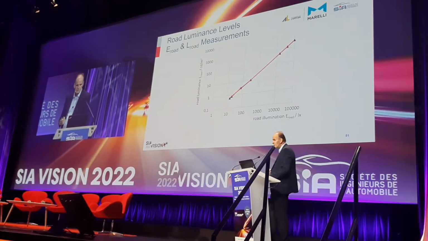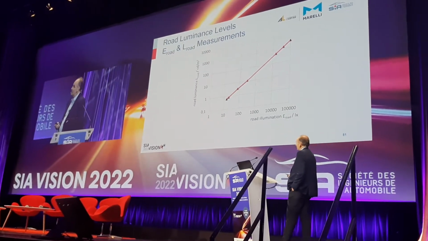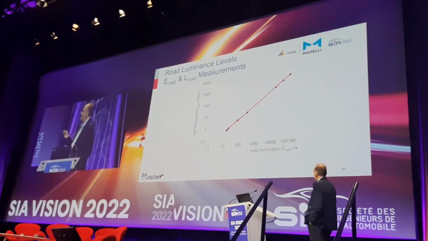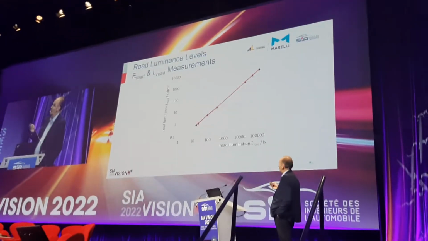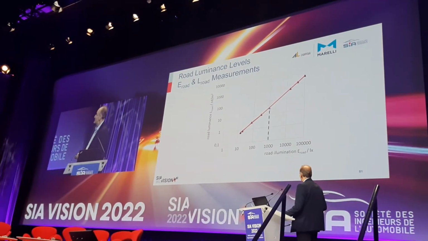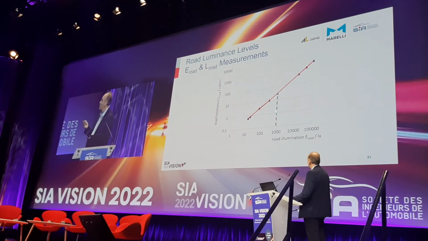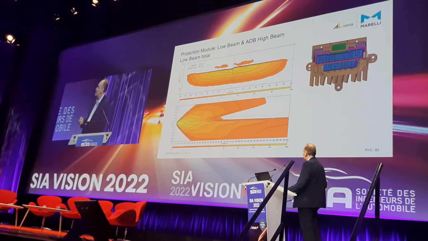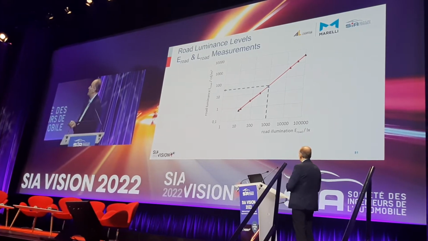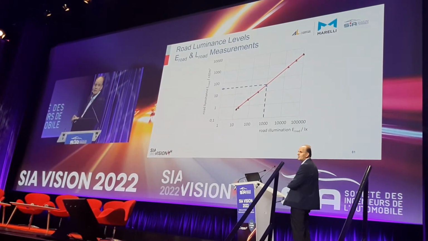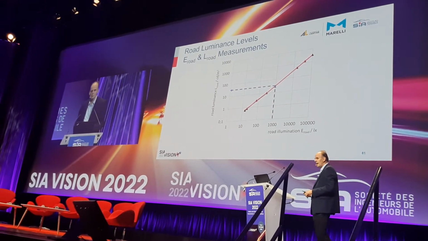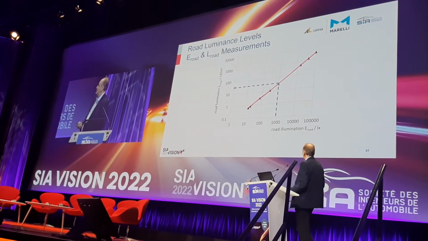Now I'm going back to the second chapter to make the analysis of the road illumination here on the x-axis and the resulting luminance which is achieved. If we take one example, 1000 lux on the road results in 30 candela per square meter luminance level as an adaptation level for the human eye of the driver.